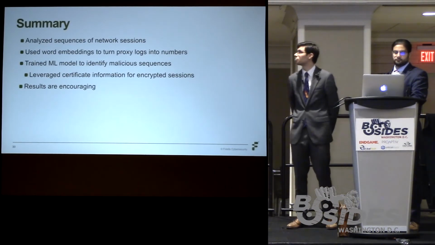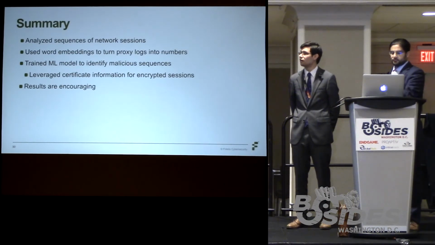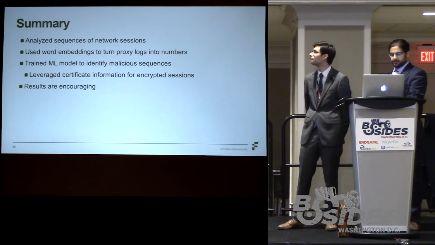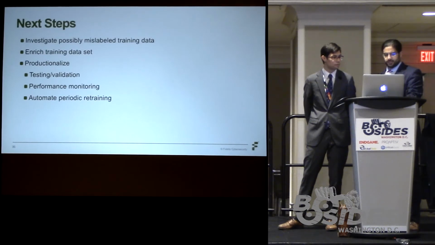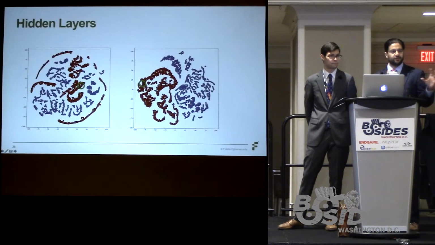So some next steps would be to investigate possibly mislabeled training data. If you look back here, you can see that we have some of these labeled benign samples that are sometimes very far into the malicious territory. We've started investigating them. Some of them look a little suspicious, but we haven't concluded that investigation yet.